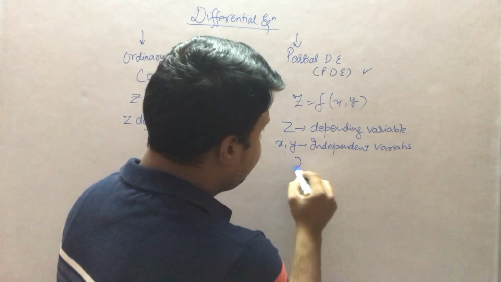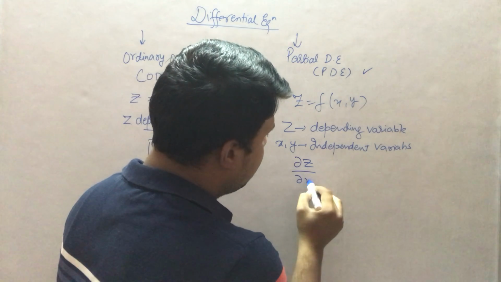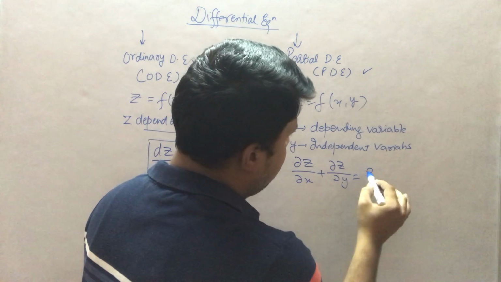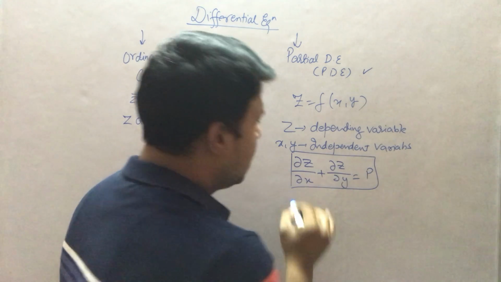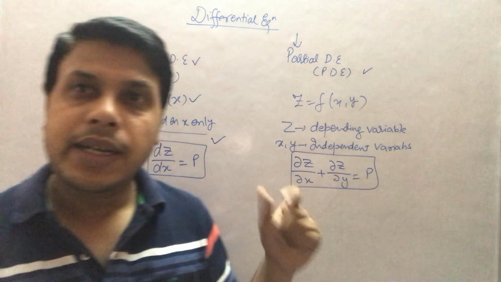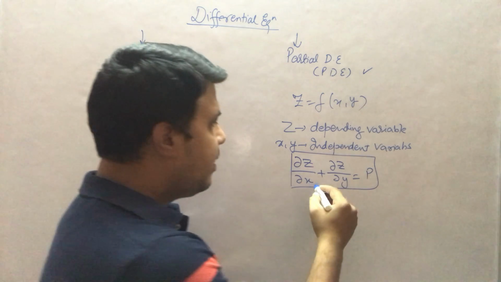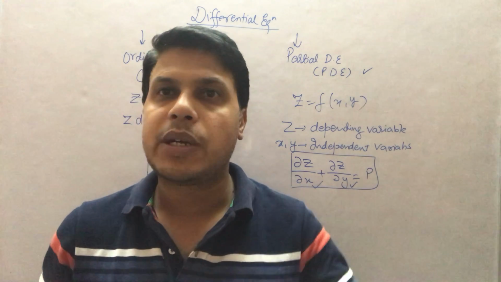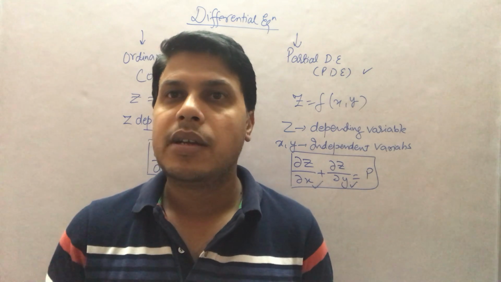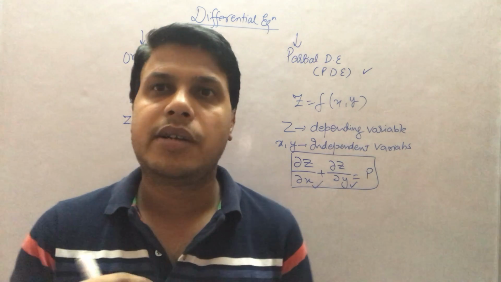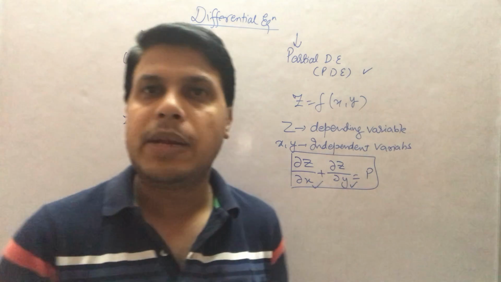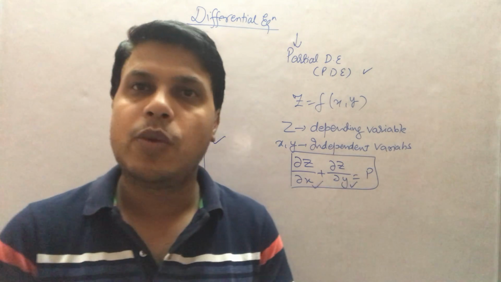Like, so it simply indicates that z is a function of x and y, means now when we are differentiating z with respect to x and y, it is not a complete differentiation, it is going to be a partial differentiation. So the equation so formed will be a partial differential equation. I hope this is clear.